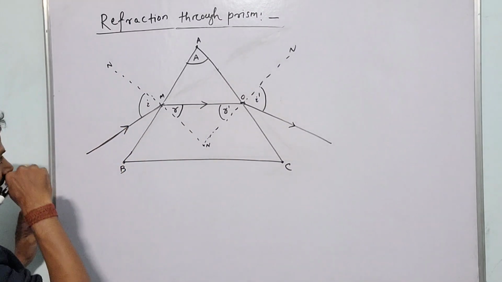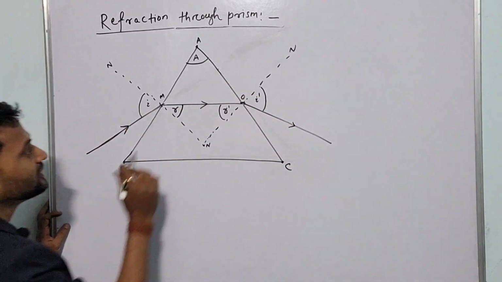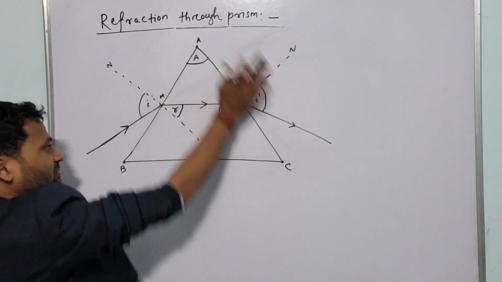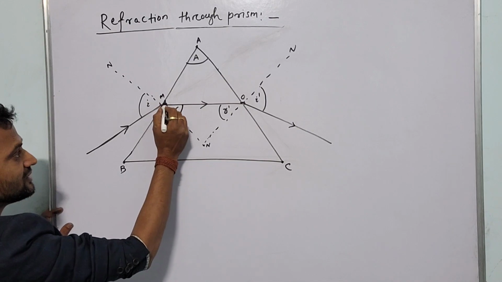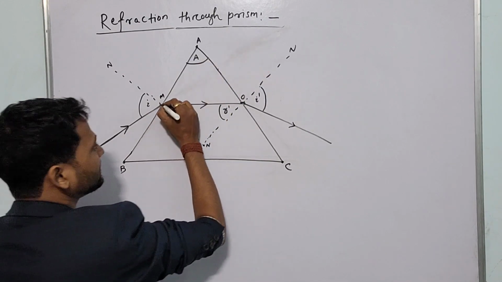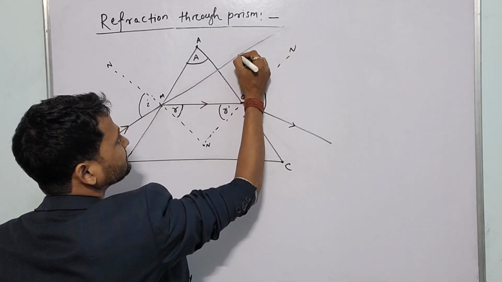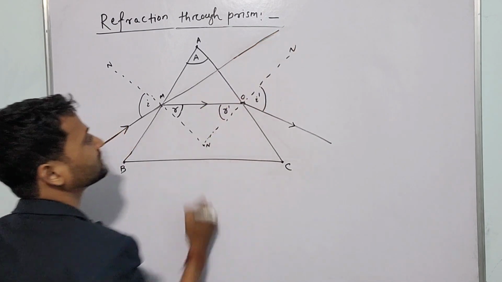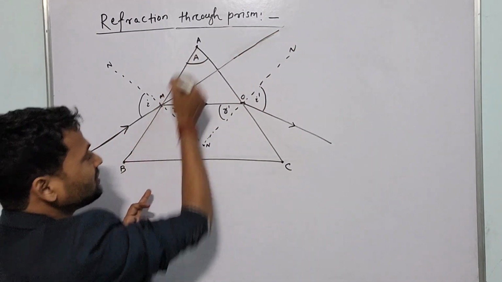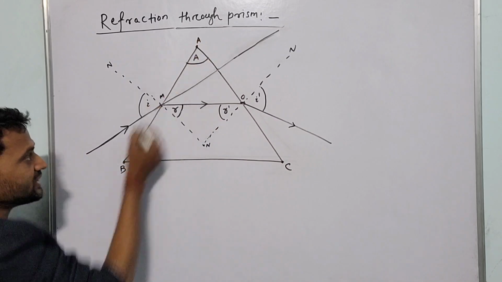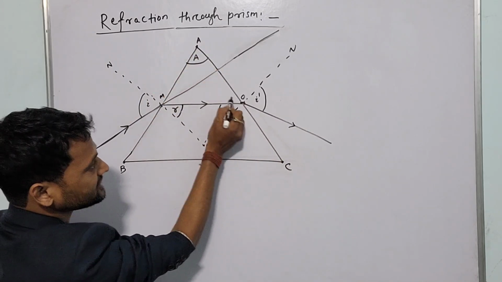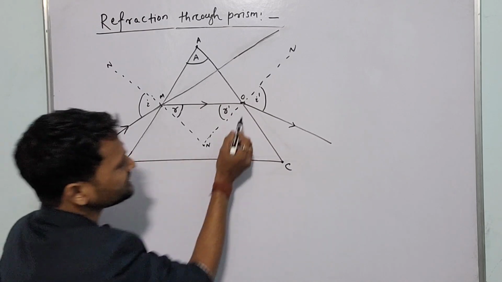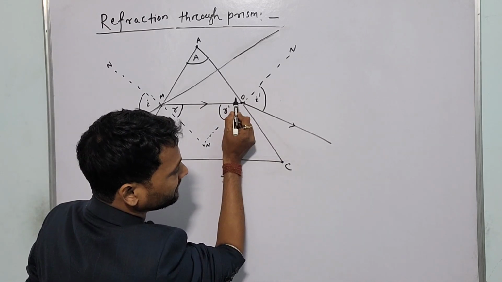एंगल ऑफ डेविएशन इज वेरी इंपॉर्टेंट. एंगल ऑफ डेविएशन मतलब क्या है? मान लो कि कुछ नहीं है, there is no prism, there is no refracting surface, you have a ray. So what about the direction of ray? It will be a straight line. ये सीधा, the direction will be straight. Since there are two refracting surfaces, one is AB, second is AC, so there will be two refractions, first refraction and second refraction. मतलब what is the final direction of the refracted ray?